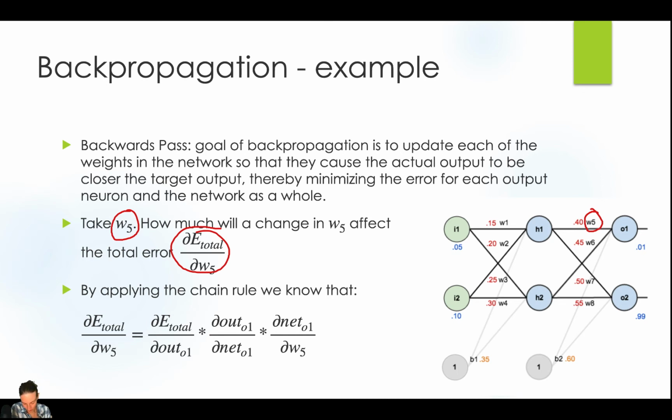For this partial, we can use the chain rule and split it into 3 elements: the change in the total error given the final output O1, the change of the output O1 given a change of the network output of O1, and then the change in the network output O1 given a change in W5.